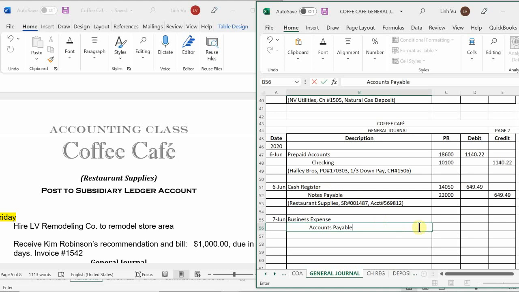Once again, business expense, because we spent money to have a service provided for us. Therefore, we increased our business expense. However, we owe her money now. So because we are increasing a liability, therefore it's going to be on the credit side. So again, liability. And how much money do we owe her? $1,000.